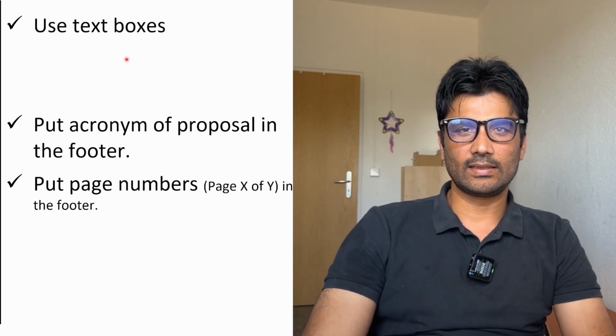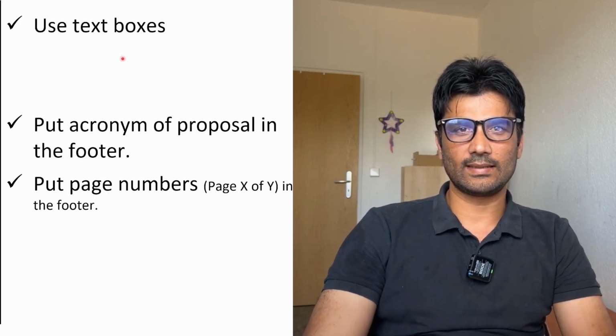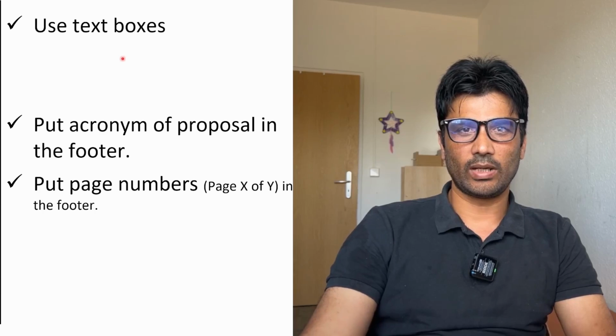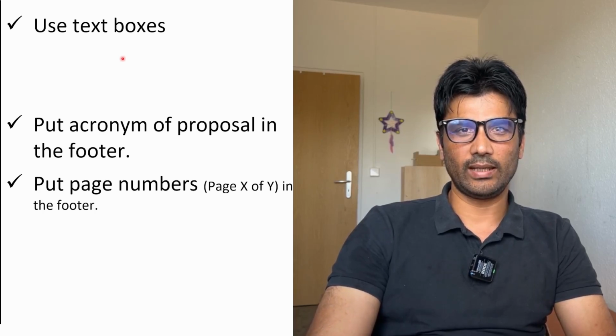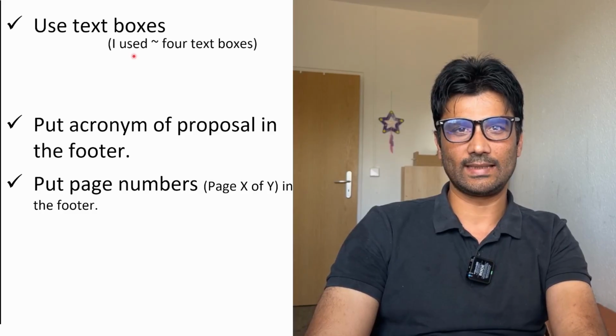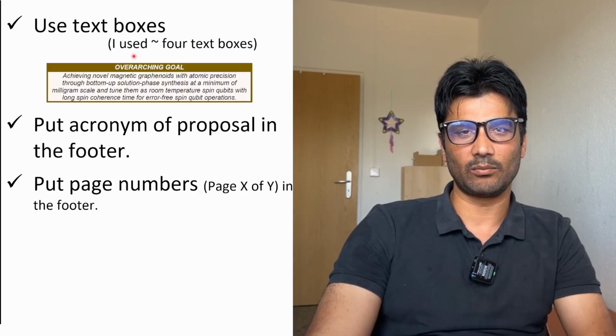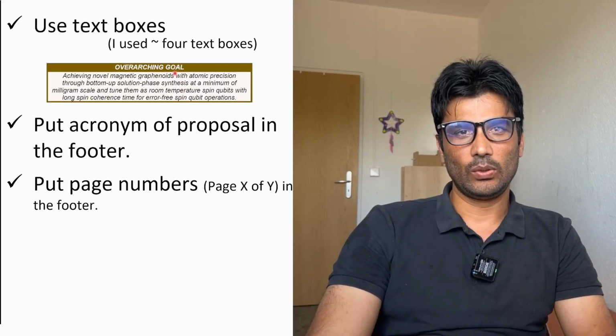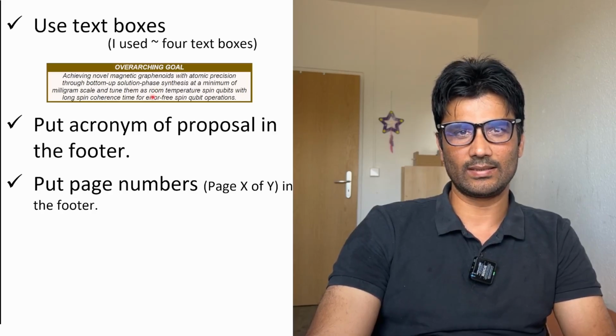Another advice is use text boxes wherever you feel like. For example, I used 4 text boxes, something like this, in my proposal. It gives a summary of maybe a whole page or 2 pages, and you want to sum up all that you have said.